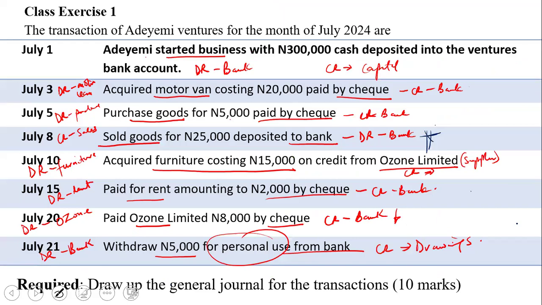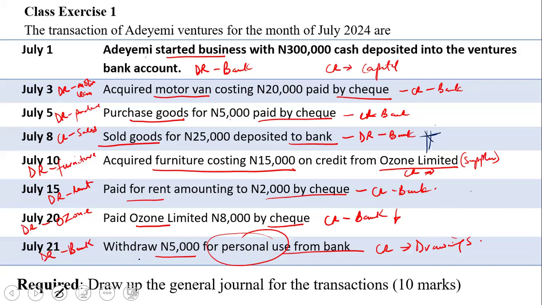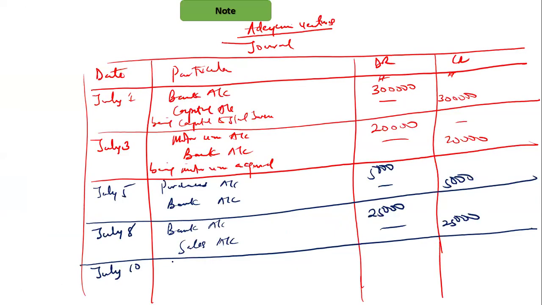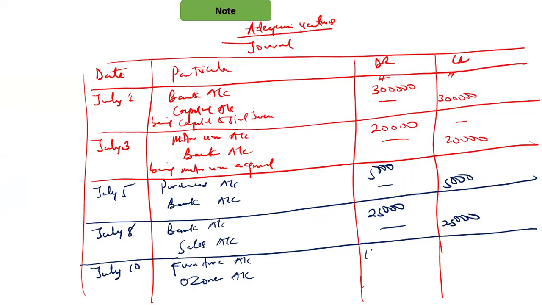We have July 10th. And Ozone Limited. So, the monitor as an asset will be debited and Ozone account will be credited. So, what's the amount? We have it to be 15,000.